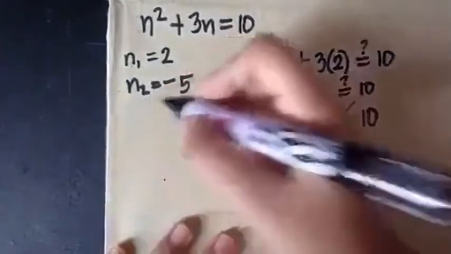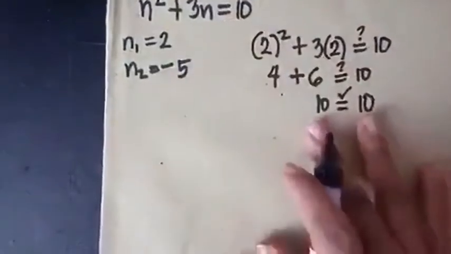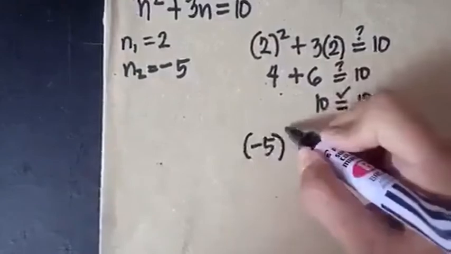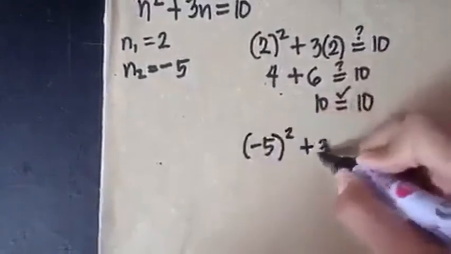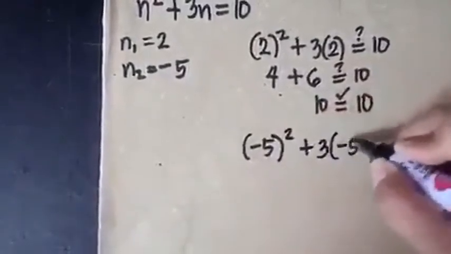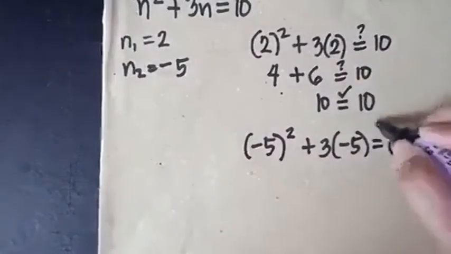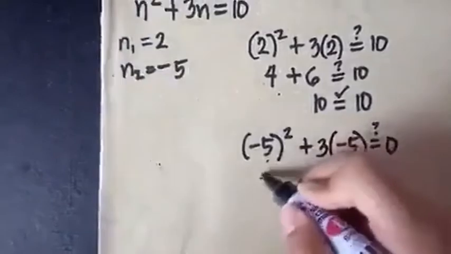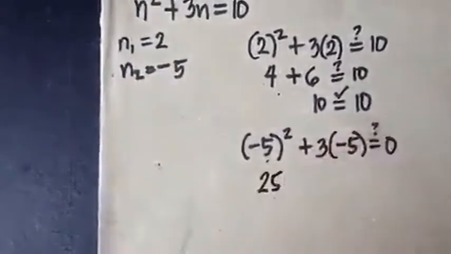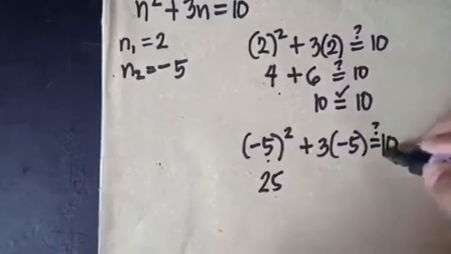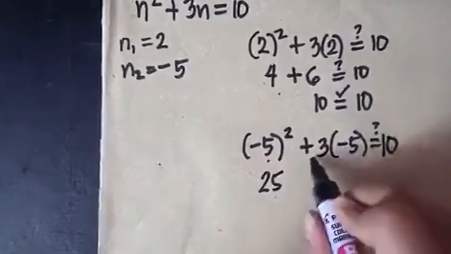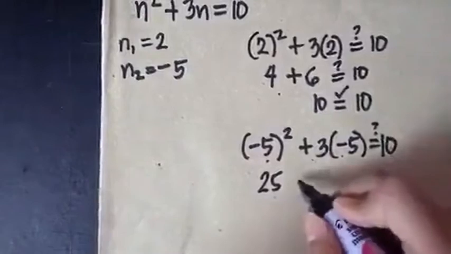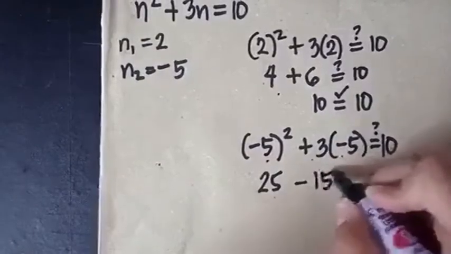Next, if n is negative 5. So, we are going to replace n by negative 5. So, negative 5 squared is positive 25. This must be 10, sorry. Then, positive 3 times negative 5 is negative 15.